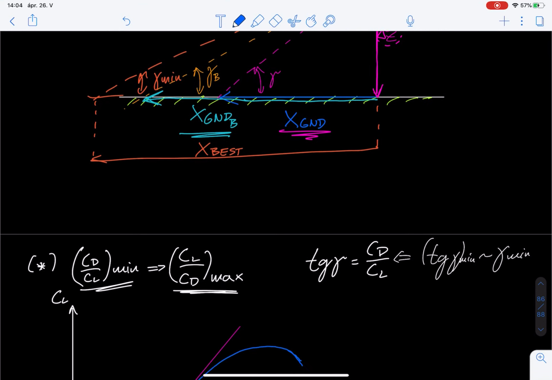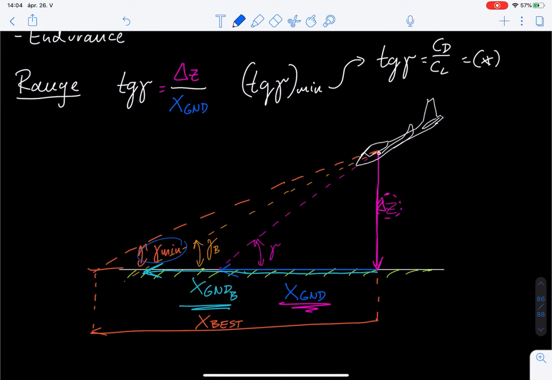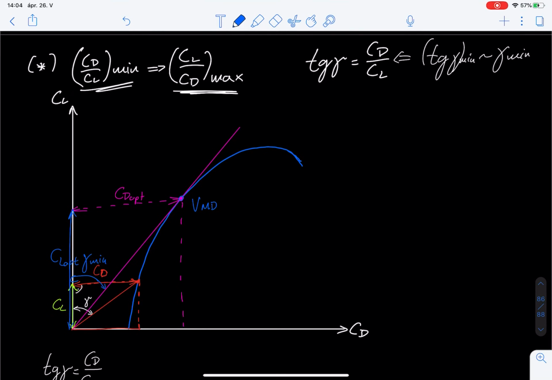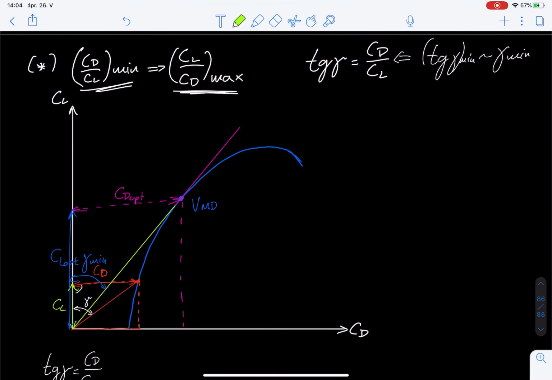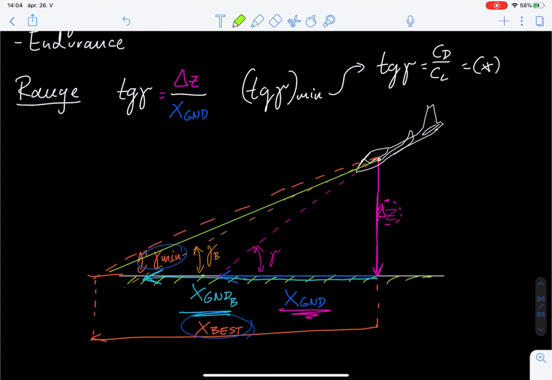So exactly if we maintain this VMD, we're going to get the shallowest flight path angle, and we're going to glide the furthest. On the other hand, if we're maintaining a speed other than the VMD, this angle is going to be larger, right? So if the angle is larger than the shallowest one, your flight path is going to be steeper, and so therefore your range is going to be smaller as well.